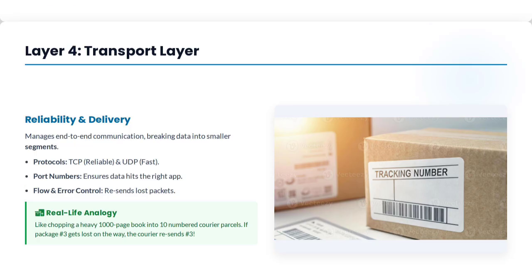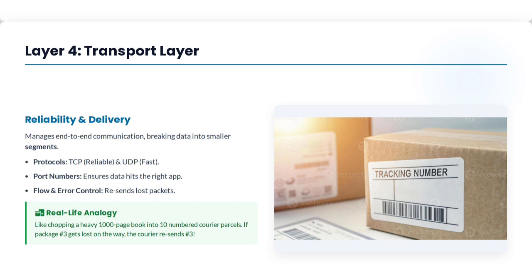Then again, the transport layer. This is where reliability and delivery happen. The transport layer breaks big data into smaller units called segments.